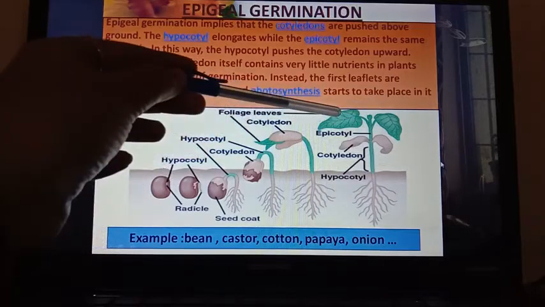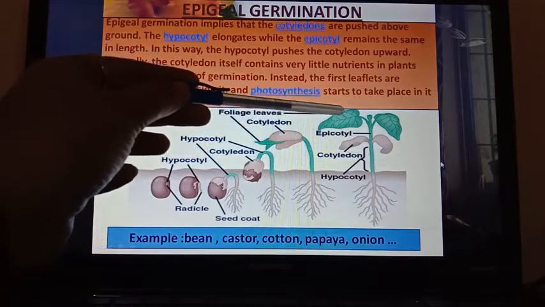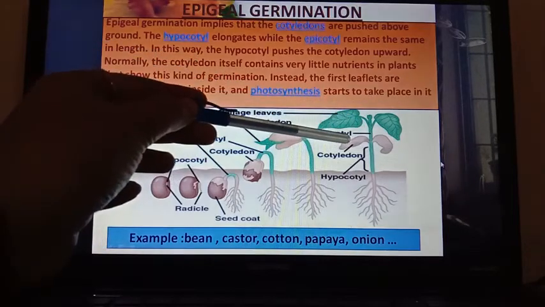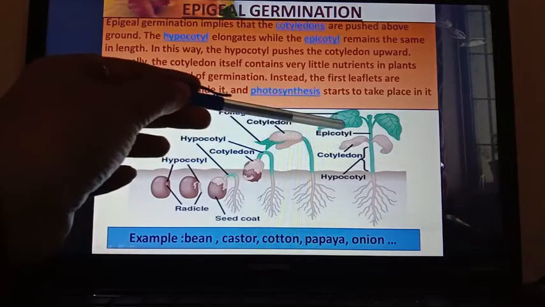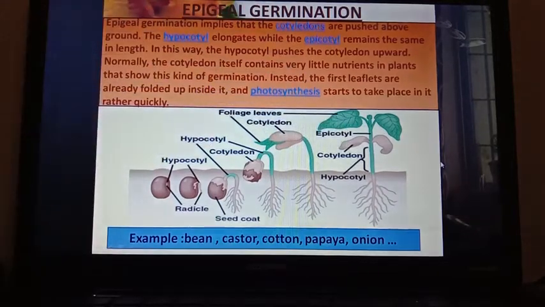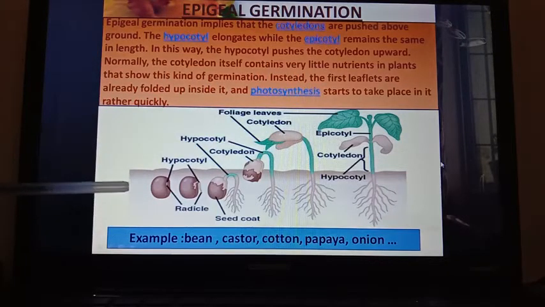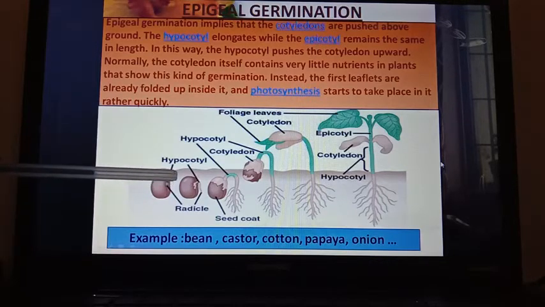Okay, green part, so that's why it starts doing photosynthesis, and after that this cotyledon withers off. Example, you can see bean, castor, cotton, papaya, onion. Actually this epigeal germination is there for the dicot seeds. Okay, for the dicot seed mainly it is found.